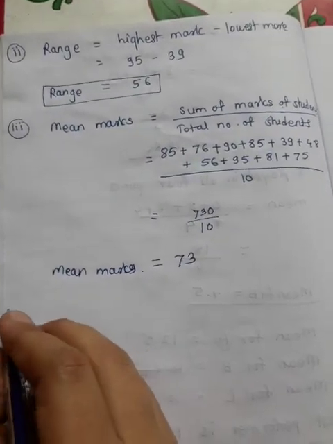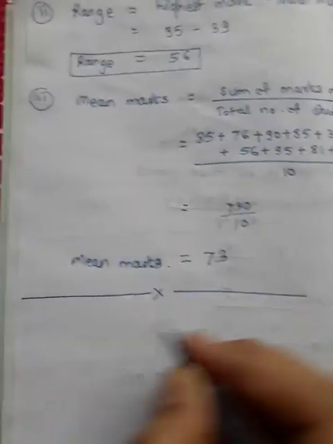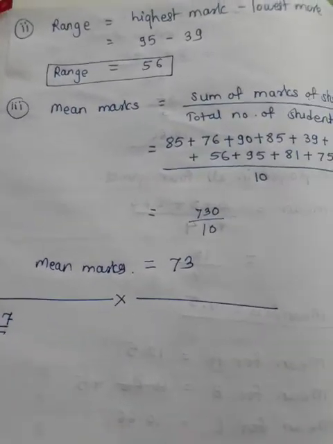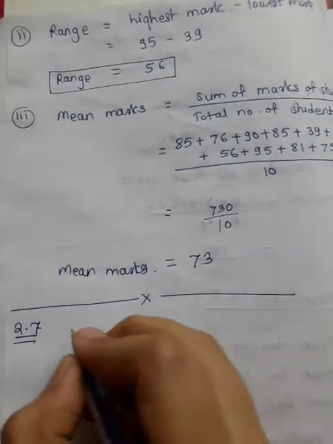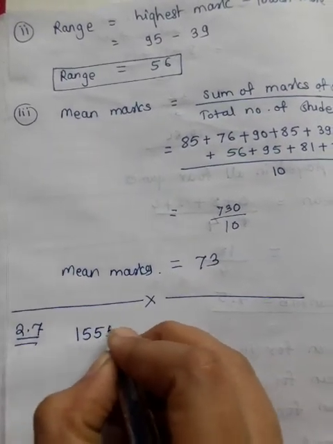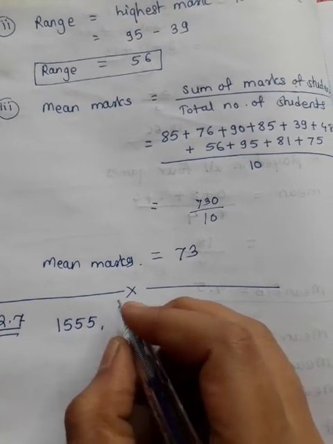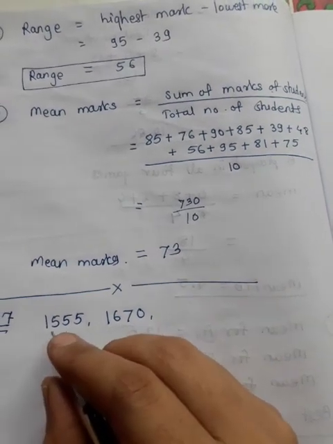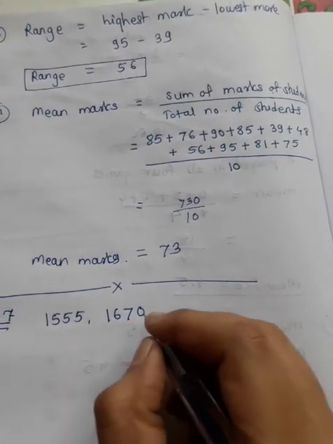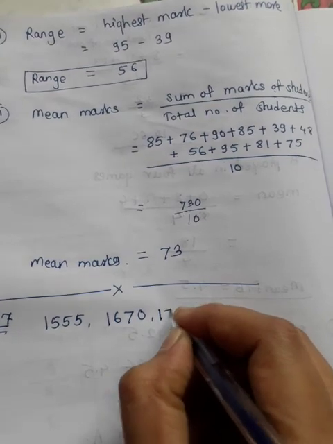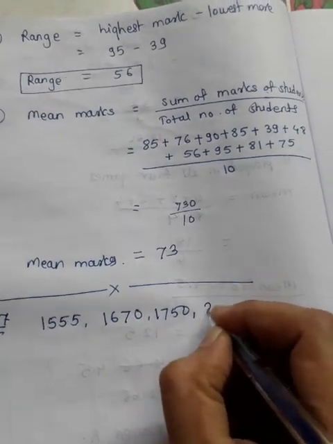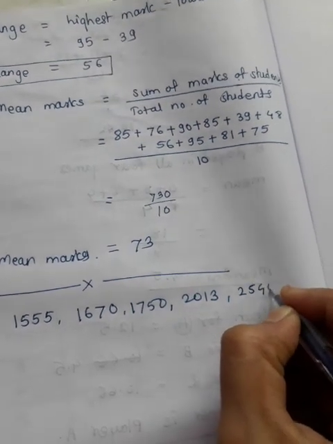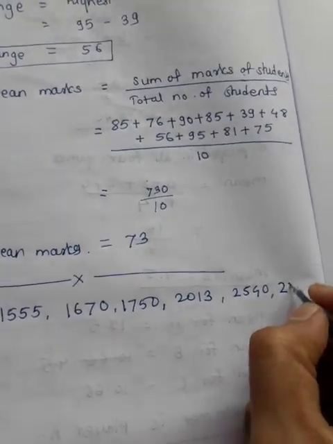Now question number 7. They have given the enrollment in a school during 6 consecutive years: 1555, 1670, 1750, 2013, 2540 and 2820.